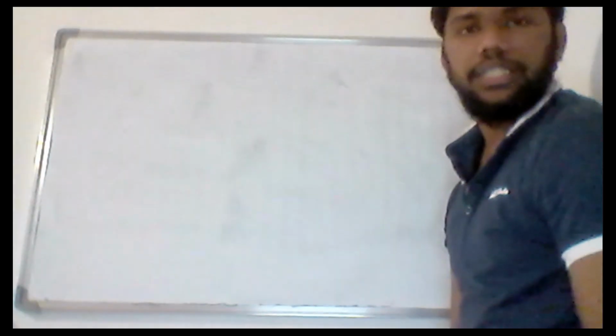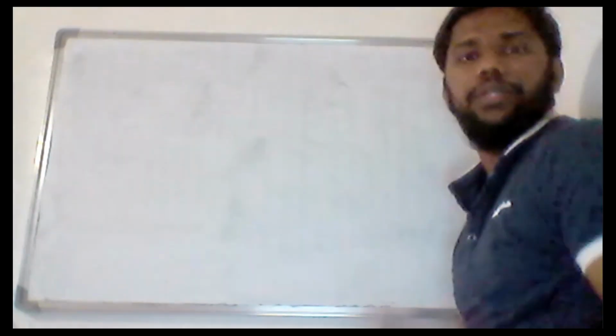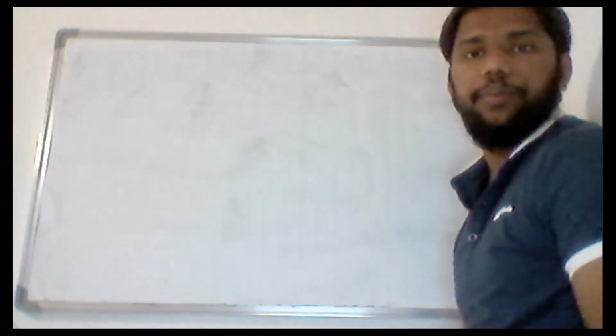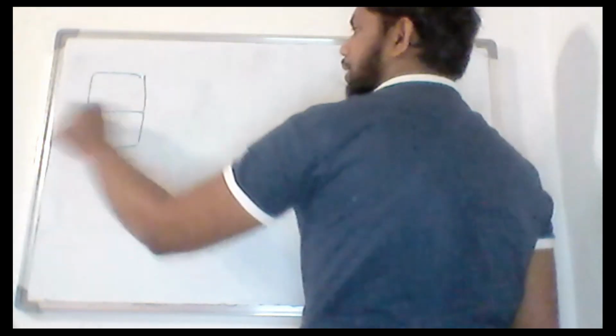Okay, so I will share the screen for myself. So in a saturated solution of Mn(OH)2 at 25 degrees, the concentration of Mn2+ is given, right? So let's say we have a saturated solution.